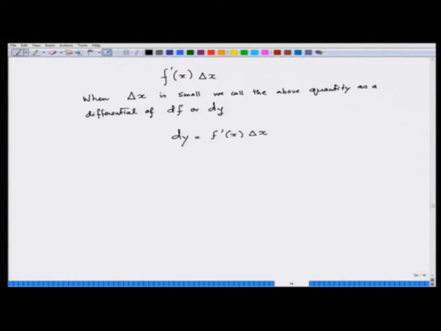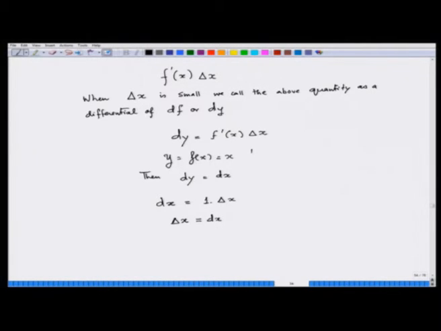Now, an interesting thing emerges. Let me consider the function y is equal to f of x is equal to x. Then dy is basically my dx or df. So, what would it mean? dy in this case, or dx, is equal to f dash x, which is just 1, into delta x. So, delta x, whatever be your x, can always be written as d of x.